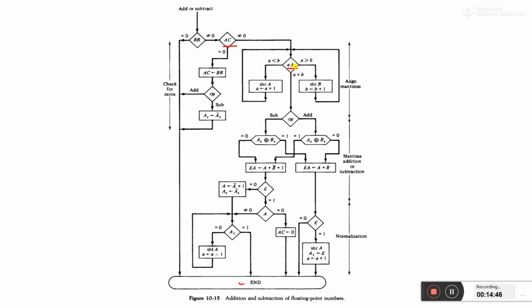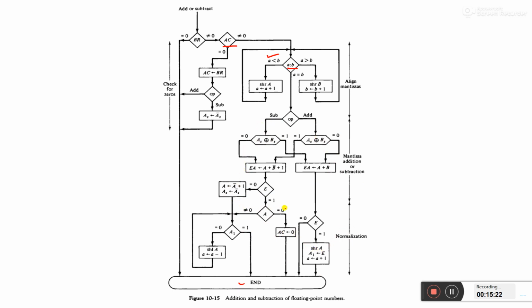then A and B will be checked. If a is less than b, then shift right A and a tends to a plus 1, and then go back. If it is greater than b, then shift right B and b tends to b plus 1, and then go back. If a is equal to b, then do the subtraction and addition operation, the same normal addition and subtraction algorithm which you have already done in the previous slides.